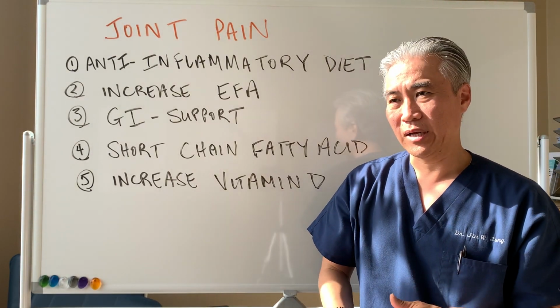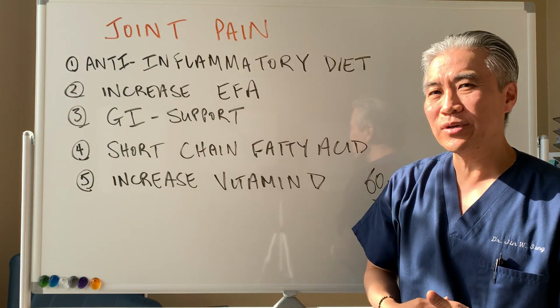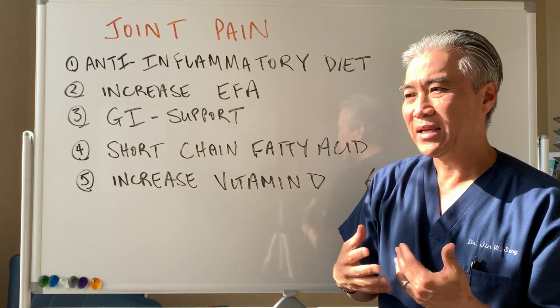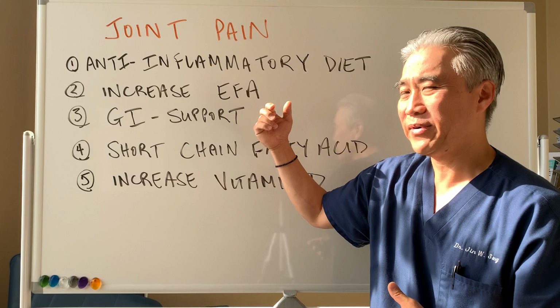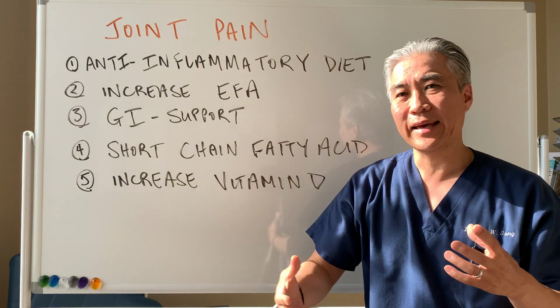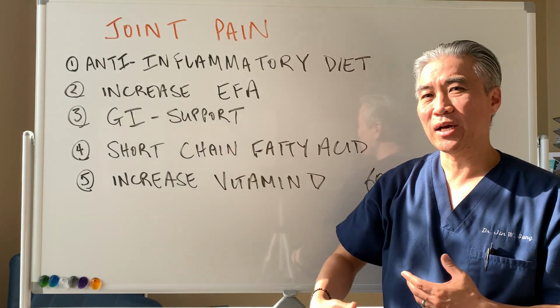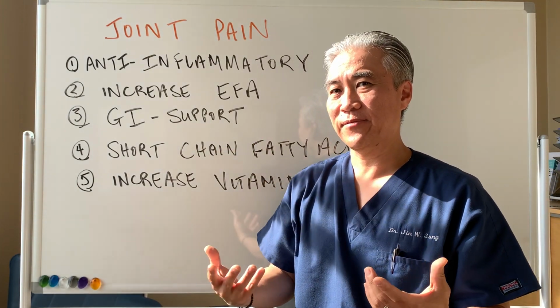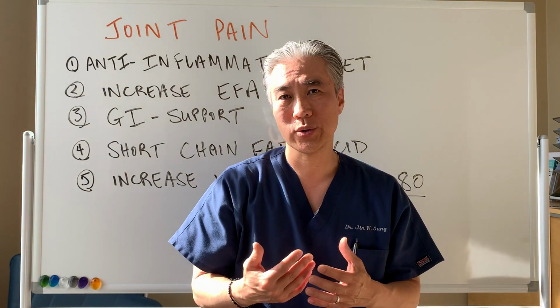And then maybe adding some anti-inflammatory herbs, right? Or nutrients like turmeric. We also want to increase essential fats. Fats are essential components of cellular function, so we want to increase essential fats, particularly EPA and DHA, right, omegas. We also want to do a GI support. Like I said, the GI function has a lot to do with immune response within the joint.